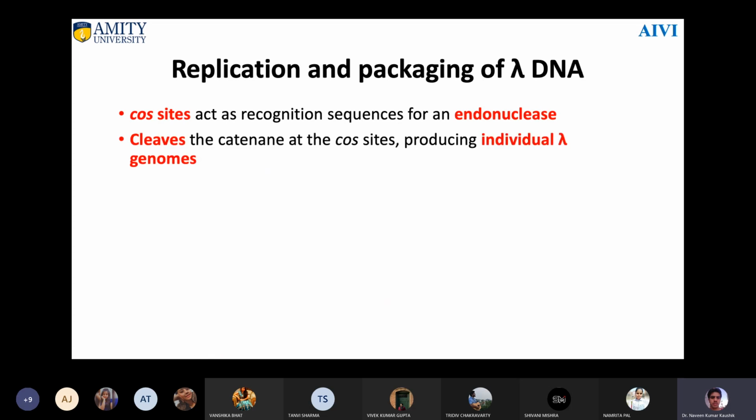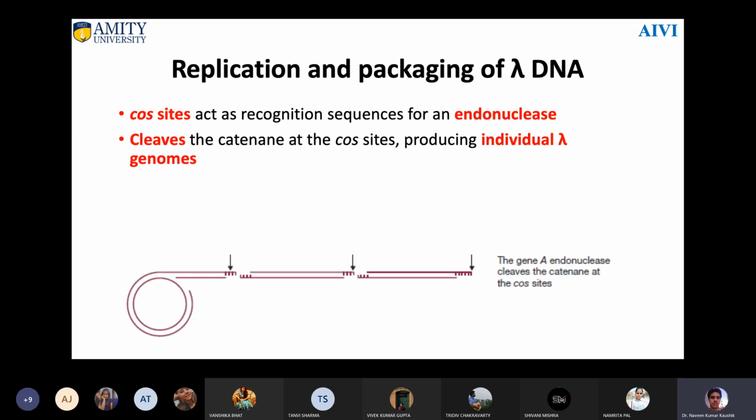The endonuclease helps in cleaving it into the individual lambda genomes. Here the endonuclease is a specific type of endonuclease, so you can say it is also a restriction endonuclease. That's why it cleaves at a specific site within the lambda genome.